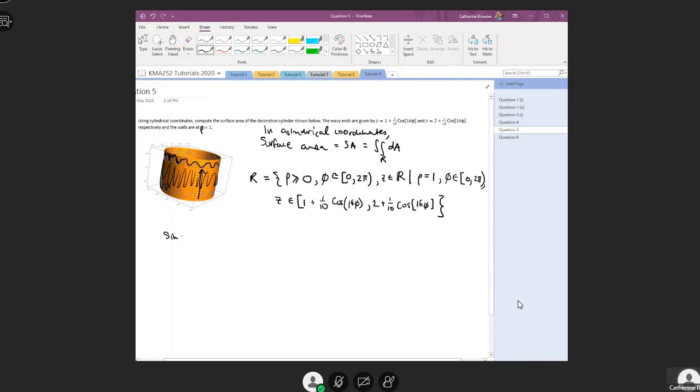So since rho is constant here, and obviously that rho there is going to be 1 ultimately.